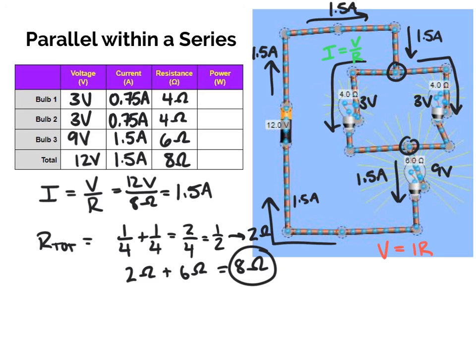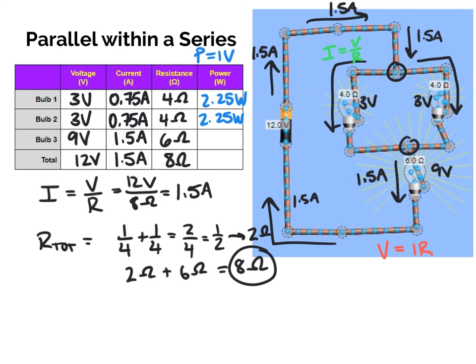But again, once I figure out all those voltage, current, and resistance values, then I can find my power values by taking the current times the voltage for each bulb as well as the total. So for example, if I did 3 times 0.75, that's going to give me 2.25 watts. Same thing for bulb 2 because again we have the same overall voltage and current.